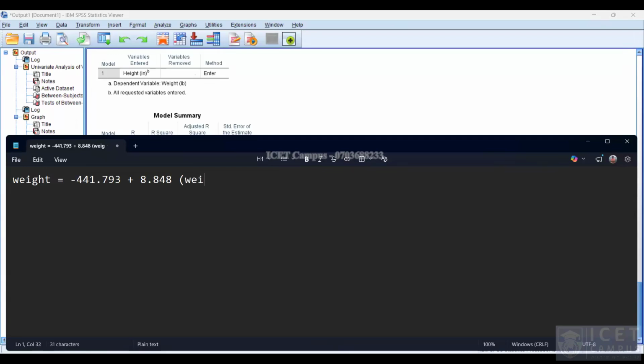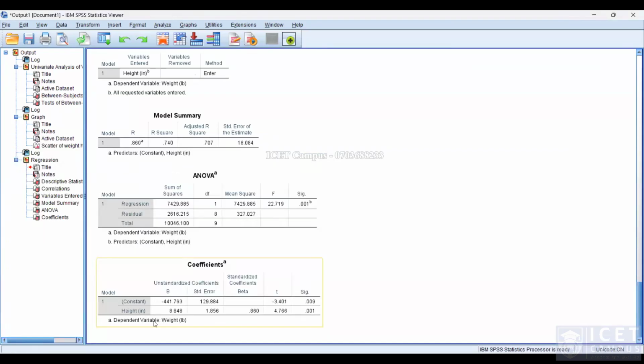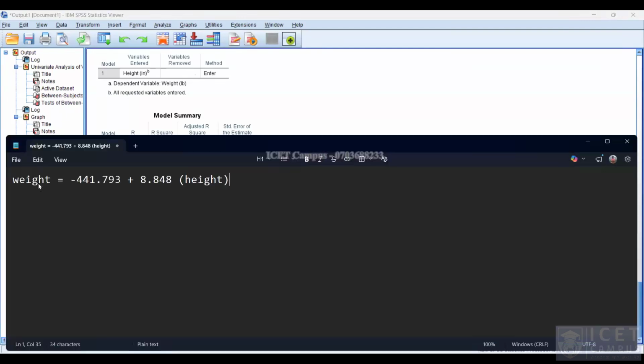Sorry, height is the independent variable, right? Height is the independent variable. So therefore we can write this as our regression equation. Weight equals negative 441.793 plus 8.848 height. It means if we know any height, we can calculate the weight.